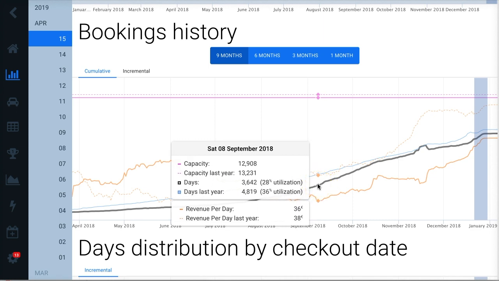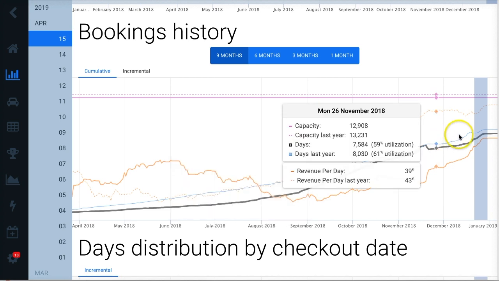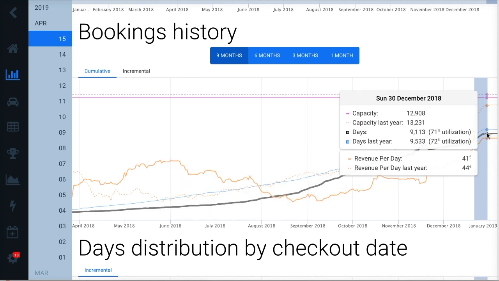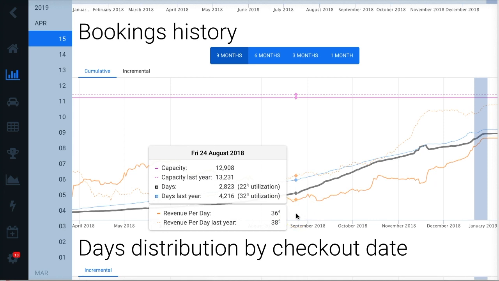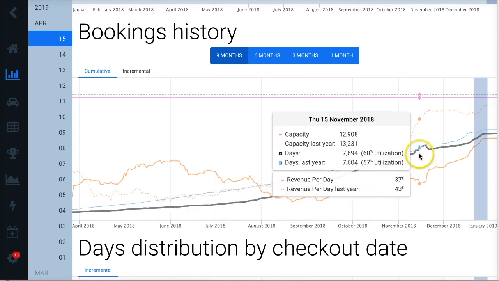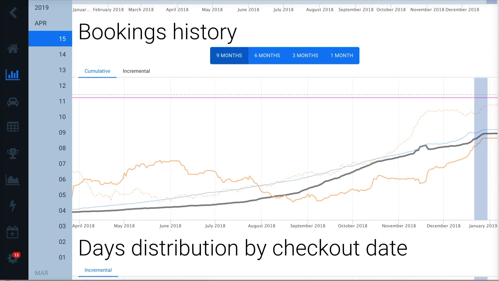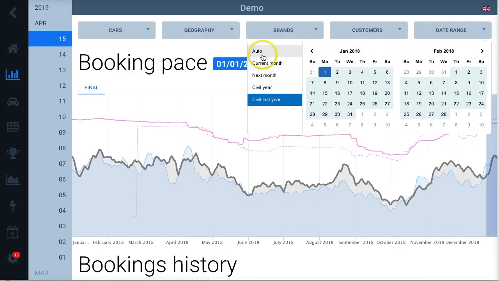So it means that, unfortunately, the demand came later and at a lower price. Approximately 50% of my booking came around 3 months before for that period.